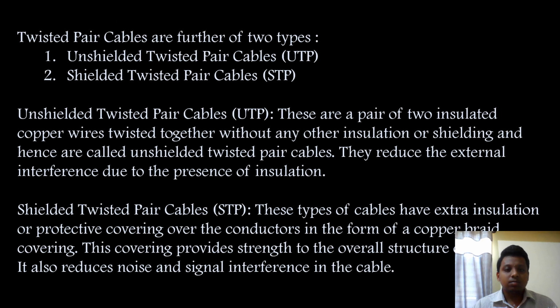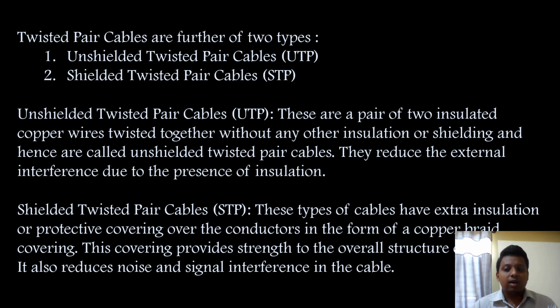Now let us see the types of twisted pair cables, that is unshielded twisted pair and shielded twisted pair cables. First we'll see unshielded twisted pair cables. These are pairs of two insulated copper wires twisted together without any other insulation or shielding, hence it is called unshielded twisted pair cable.